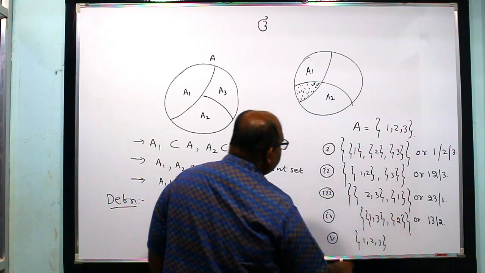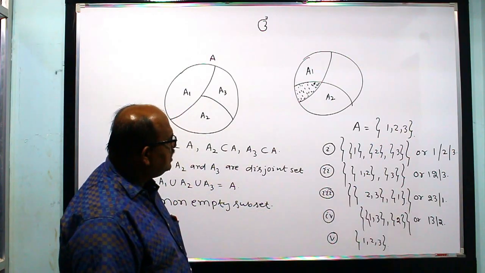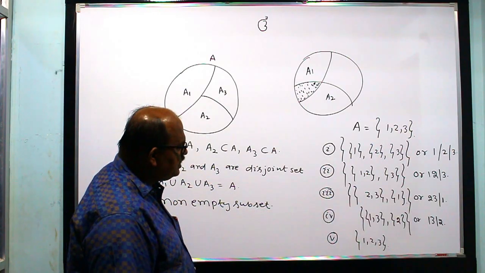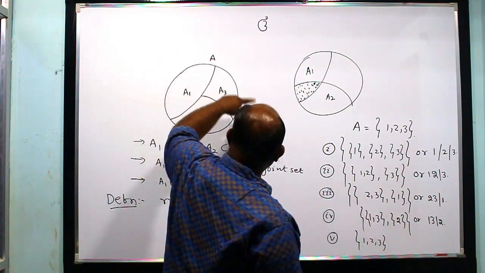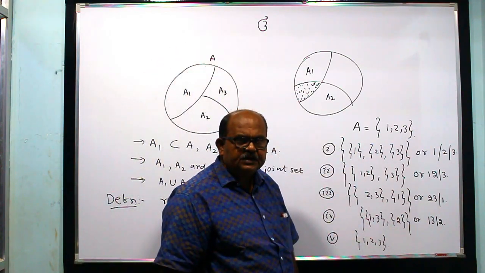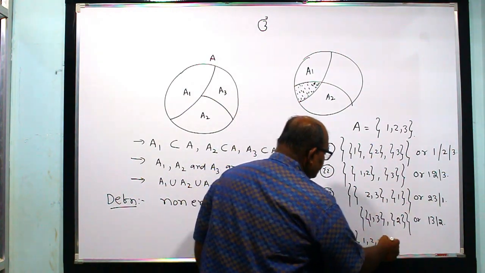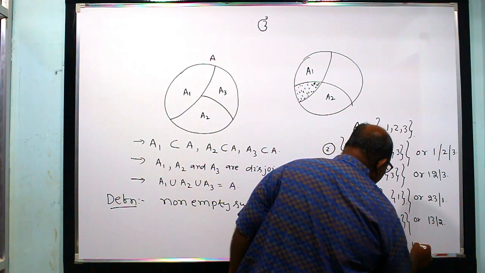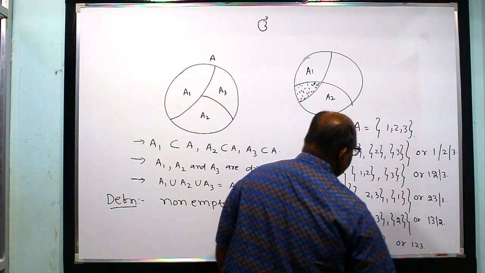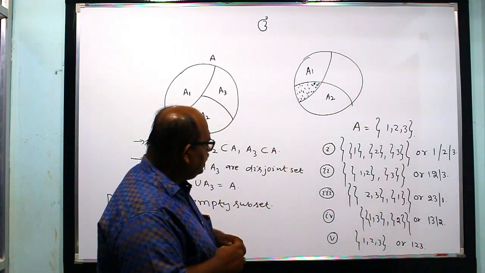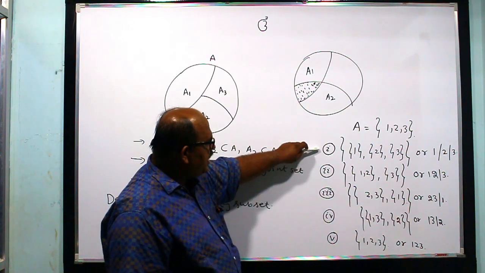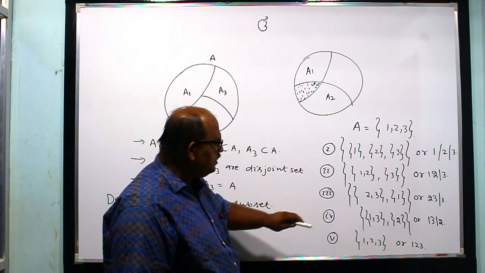The given set directly can also be a subset of A. So the set itself is a partition. Will the whole set be a partition or not? Yes. So symbolically this is written as 123. So if set A is equal to {1, 2, 3}, these are the 5 types of partitions available.